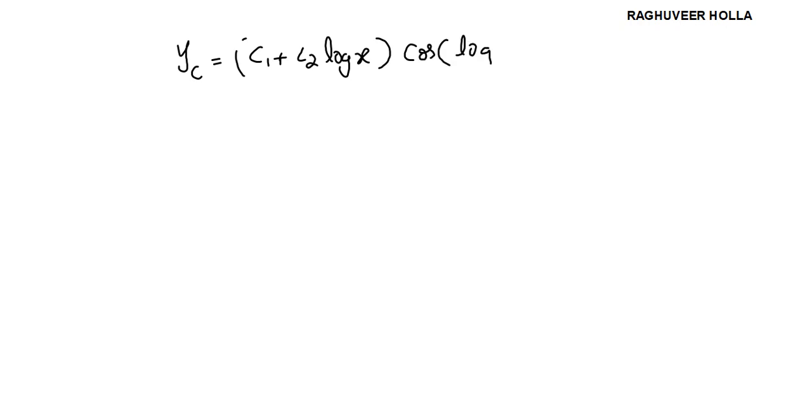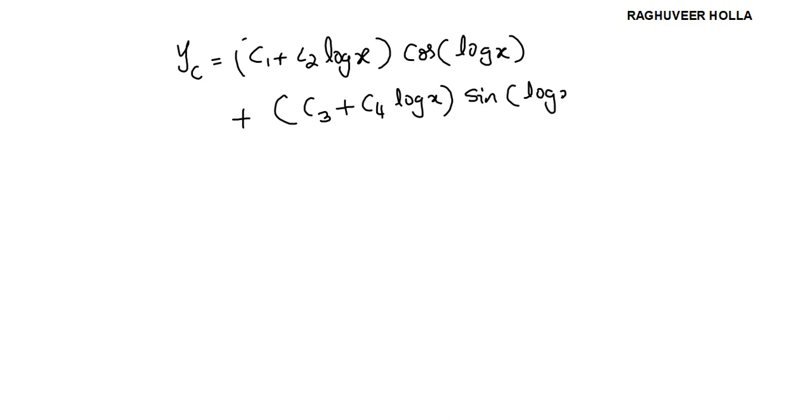This is done, and we have another term, which is c3 plus c4 log x again, because z is log x, and sine of log x. So this is done. We have found the complementary function.